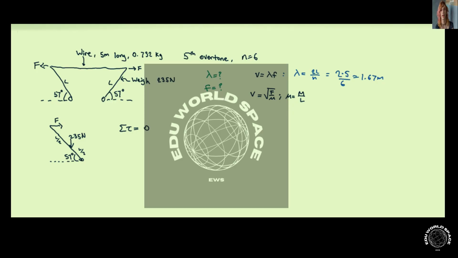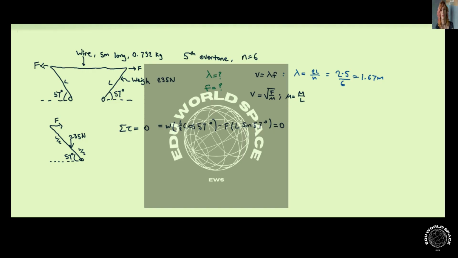So if we proceed, the sum of all torques is going to be W, which I'm calling the weight, times L over 2 times cosine of 57 degrees, minus the force times L times sine of 57 degrees, which is equal to 0.